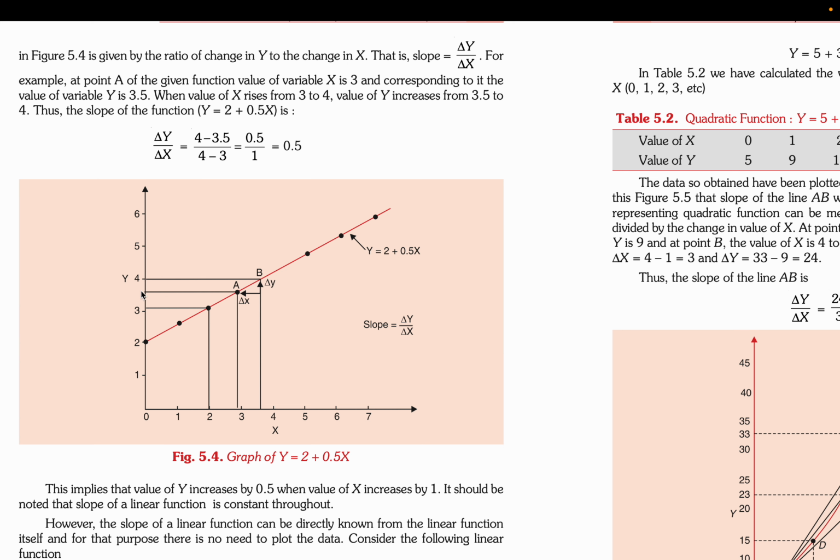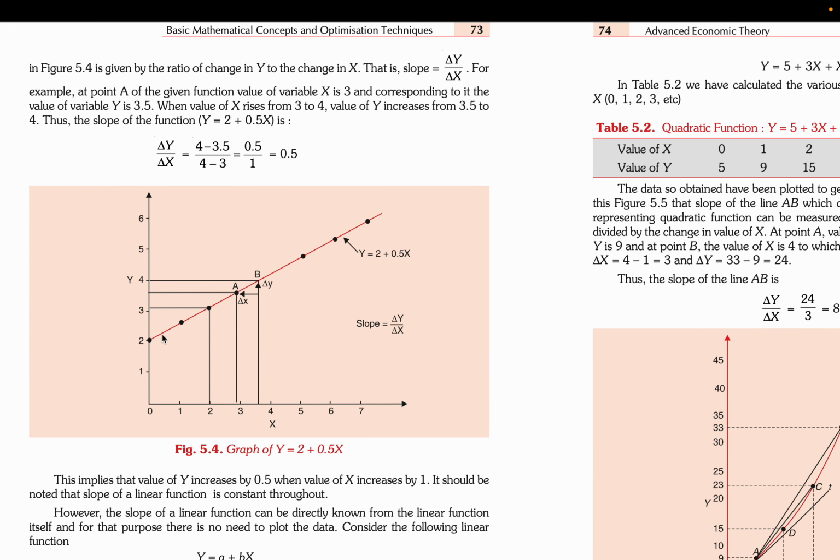We move from 3.5 to 4, so there's an increase of 0.5 only, whereas for the change in x, we move from 3 to 4, so there's a change of 1. So 0.5 is the slope of the function.